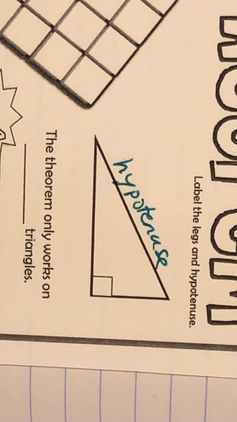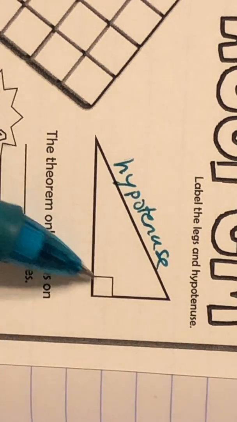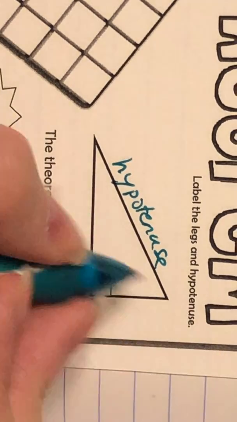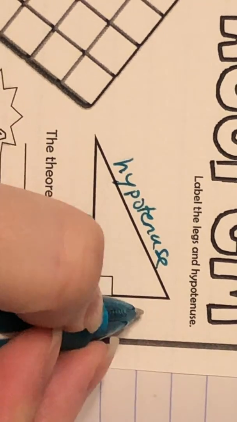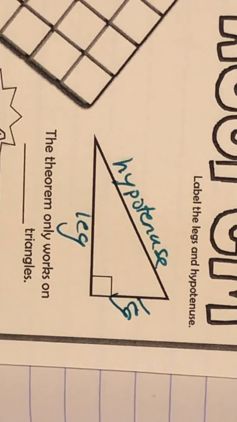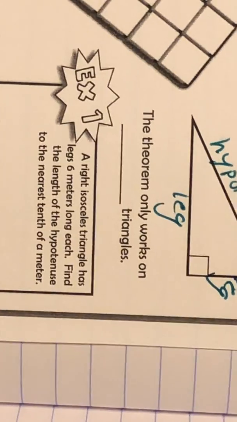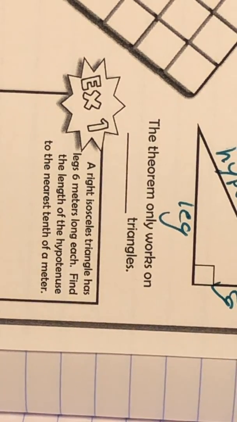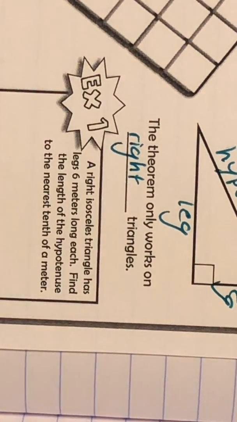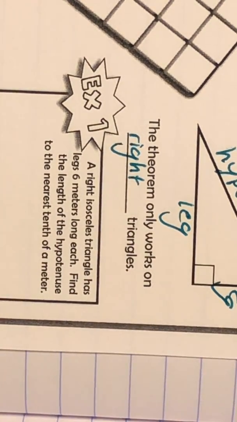My legs are always attached to the right angle. This side's a leg, and this side's a leg. So again, the theorem only works on right triangles.